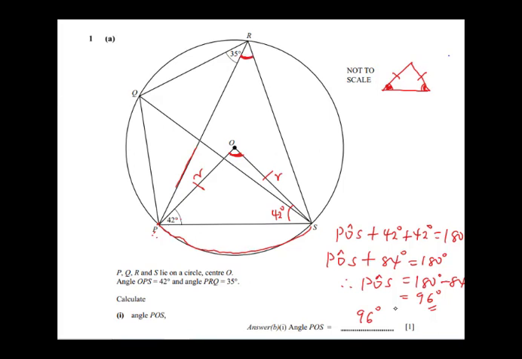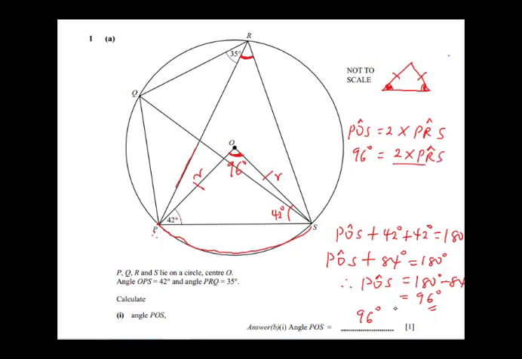This is the circumference. We just calculated this to be 96 degrees. So the angle at the center, POS, is two times the angle at the circumference, which is angle PRS. I'm looking for PRS, and I know my angle POS to be 96 degrees.